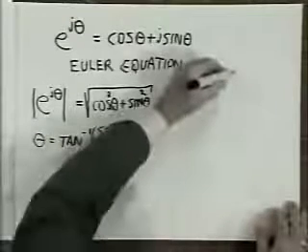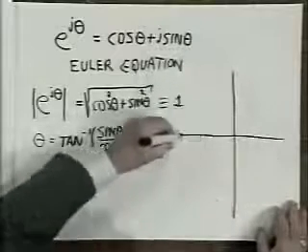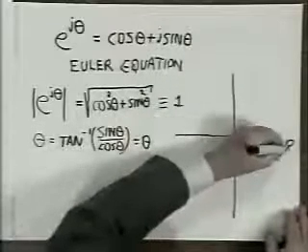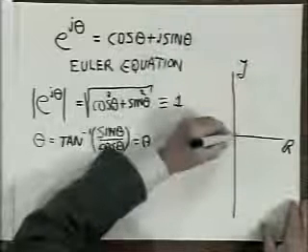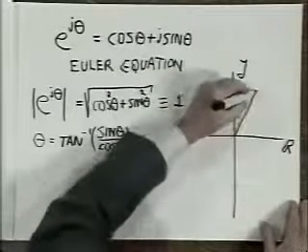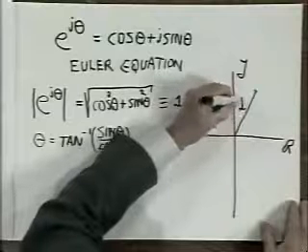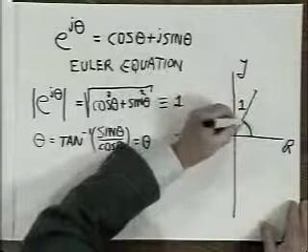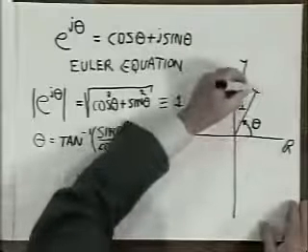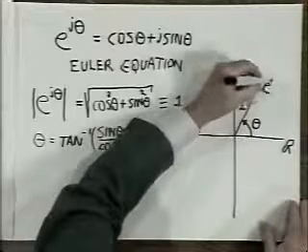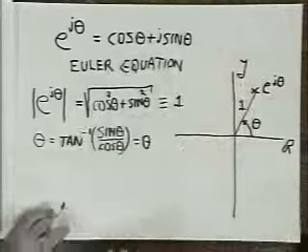So if we represent the Euler relationship on the complex plane, real and imaginary, we have a vector which has unit magnitude. The magnitude of the vector is 1. And it makes an angle with the positive real axis of theta. So this point represents e to the j theta, the Euler relationship.